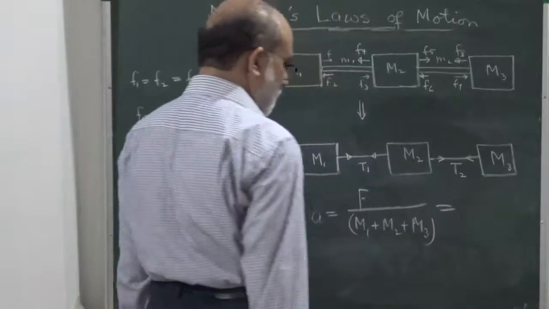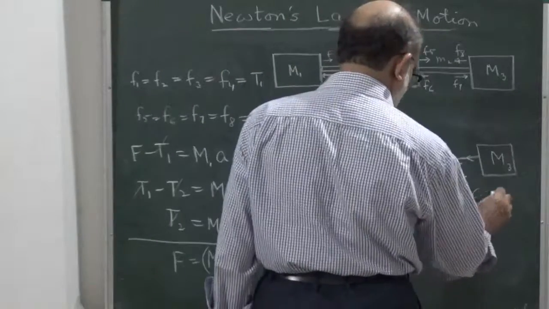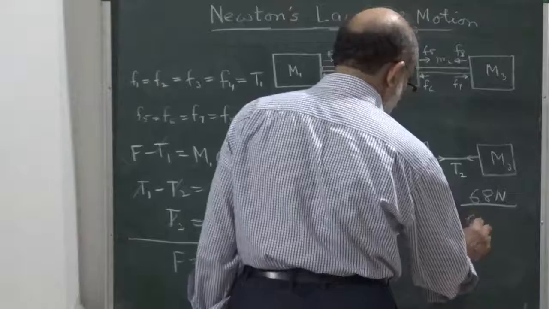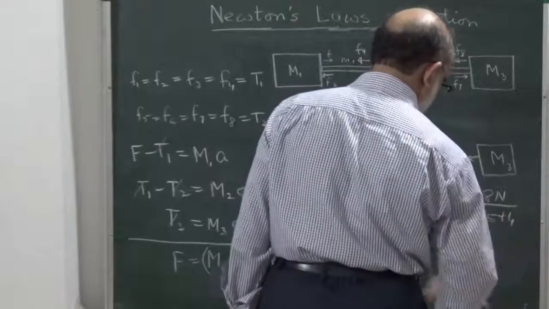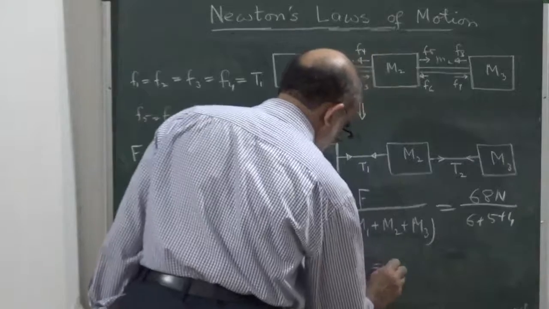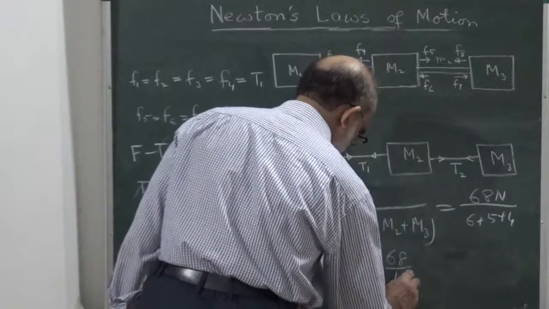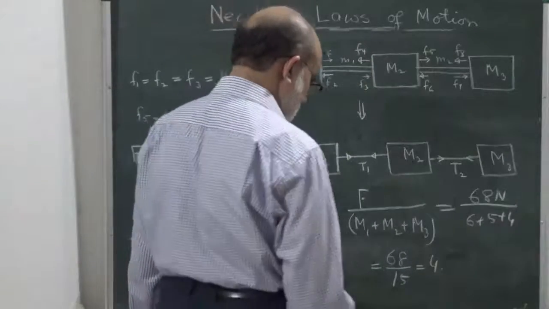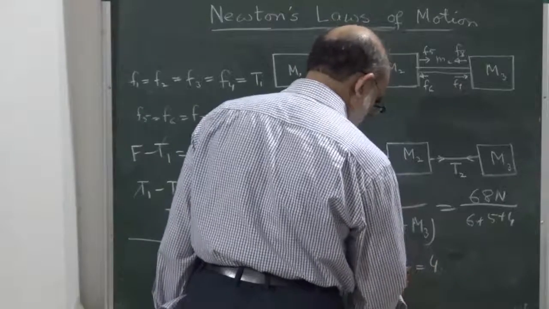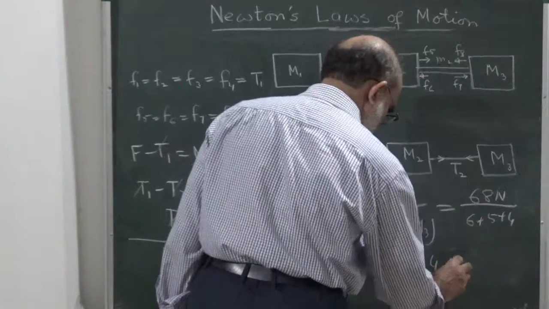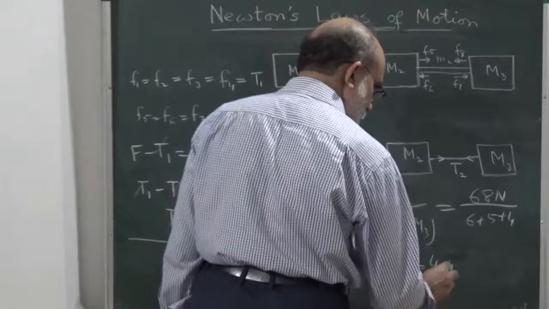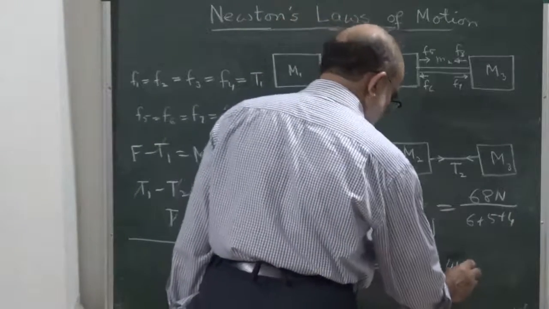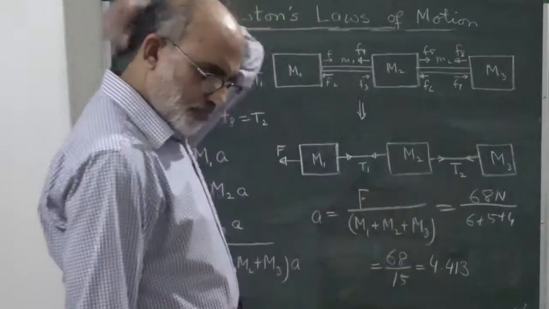Now putting the numerical values which we have already taken, 68 Newton divided by 5, 4, 6 plus 5, that is 68 by 15, which is about 4.5.